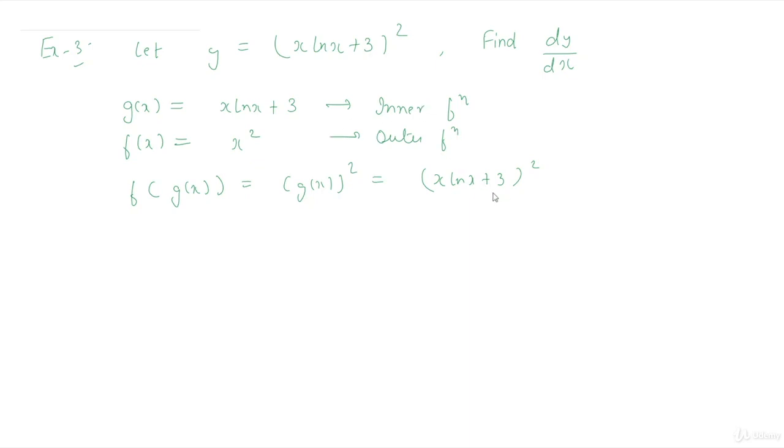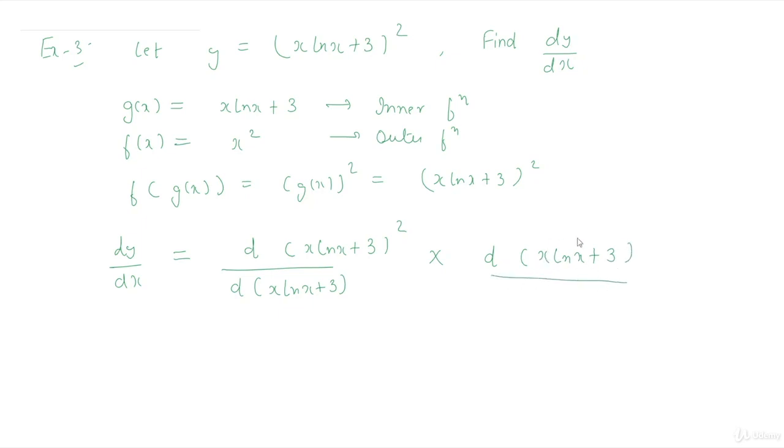As we have defined our inner function and the outer function, now we can easily apply the chain rule. So dy by dx will be the differentiation of the composite function, that is x ln x plus 3 whole square, with respect to the inner function, which is x ln x plus 3, multiplied by the differentiation of the inner function with respect to the parameter, that is x.